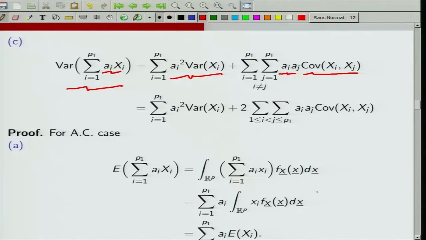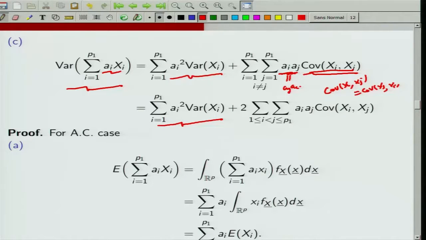You can write this in a further simplified form: this is the same as summation i equal to 1 to p1 a i square variance of x i. Now, note that covariance x i x j is the same as covariance x j x i, and a i a j is also the same as a j a i. So, that means each term would be occurring twice, once for i less than j and once for j less than i.